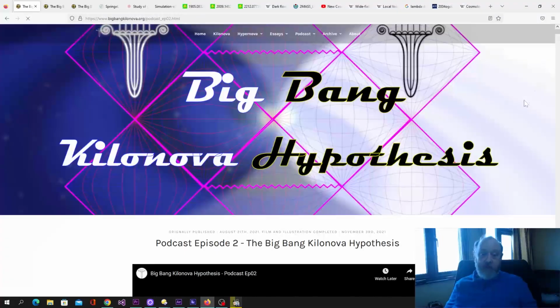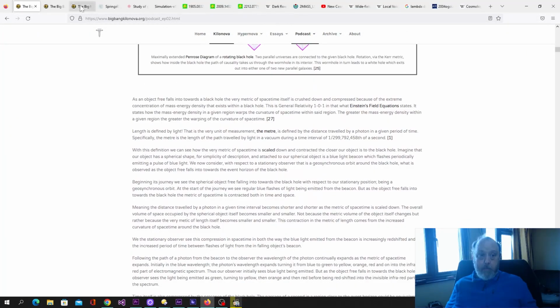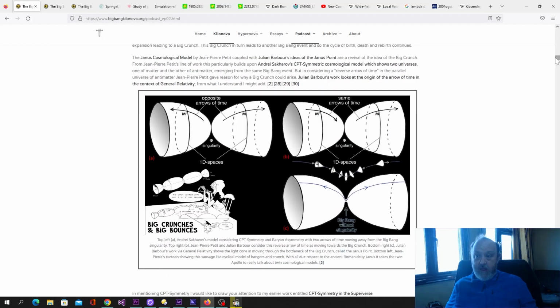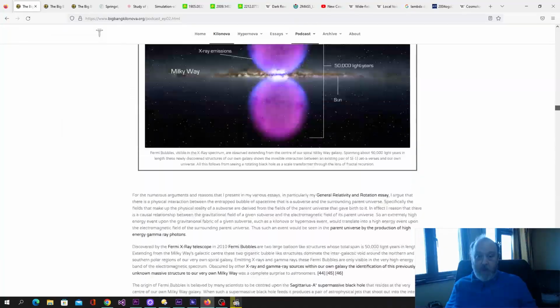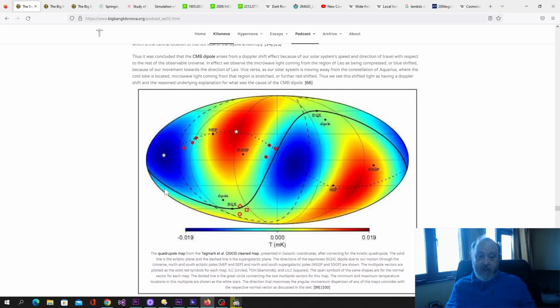And all of this, so in seeing at the local level, this curious alignment that we have to the equinox, the direction of the equinox is the dipole movement, north and south ecliptic.